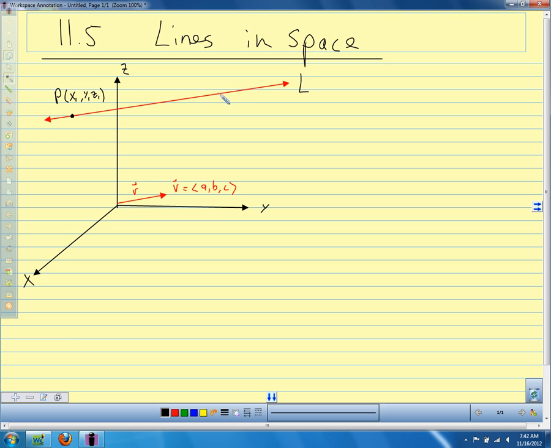And point Q is also on this line. And it's just some arbitrary point x, y, and z. And so line L is through point P and Q. And L is parallel to vector V.